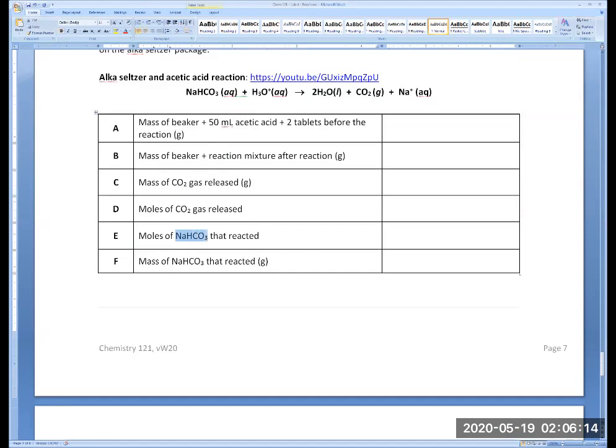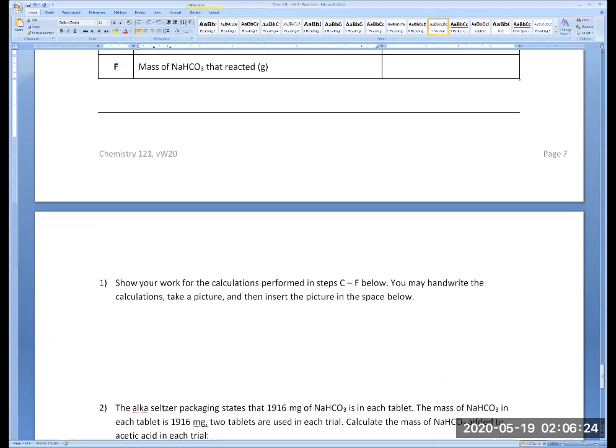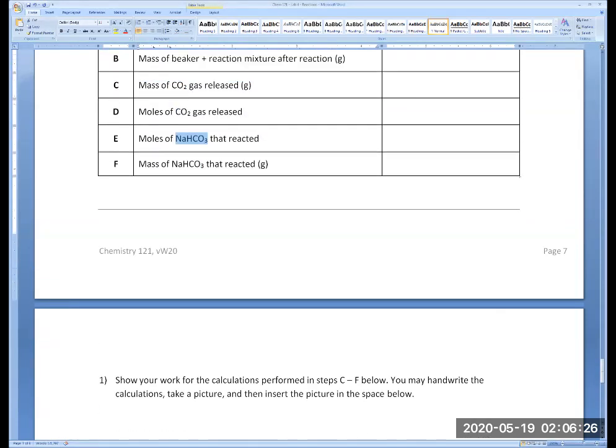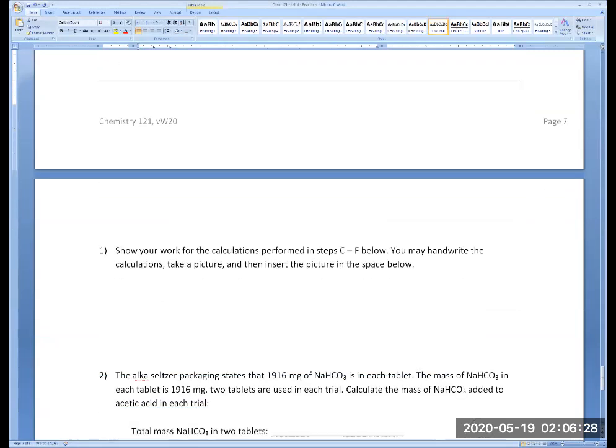So you will need the molar mass of NaHCO3 and use it as a conversion factor to change moles to mass. And those calculations you will do between C and F here will need to be shown here in question 1, right?